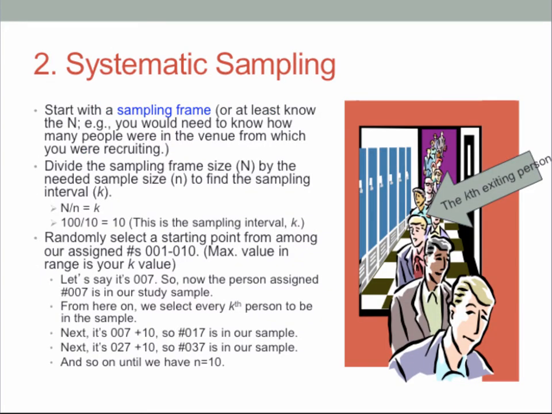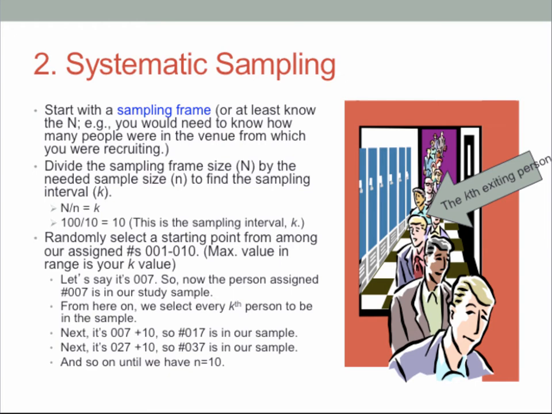We then have systematic sampling. Systematic sampling starts with a sampling frame. At least we know the number of people within our sampling frame. But you need to know how many people were in the venue from which you were recruiting. So you either have a list of student emails, you have a phone book, or you have a conference room full of 100 individuals.